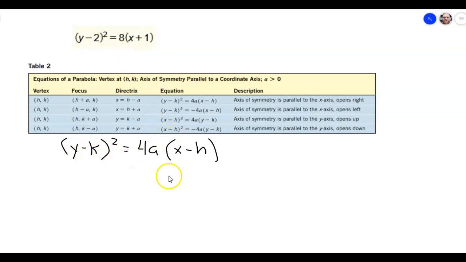I have a positive 1 here, so h is negative 1. The sign here is a minus 2, so k, the y value of my vertex, is a positive 2. So this is my vertex.